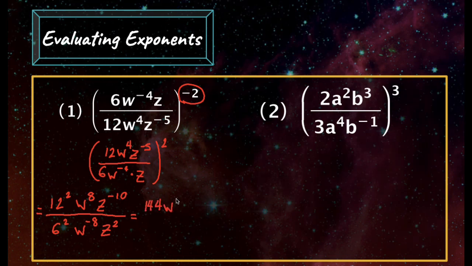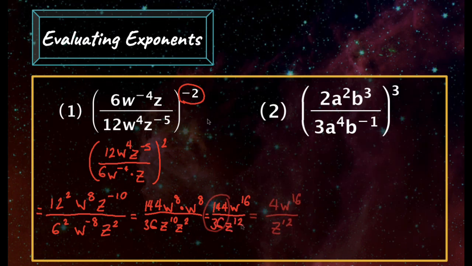And then we'll have times w to the power of 8 times w to the power of 8, divided by 6 squared, which is 36, times z to the power of 10 times z to the power of 2. And this will give us 144 times w to the power of 16 divided by 36 z to the power of 2.